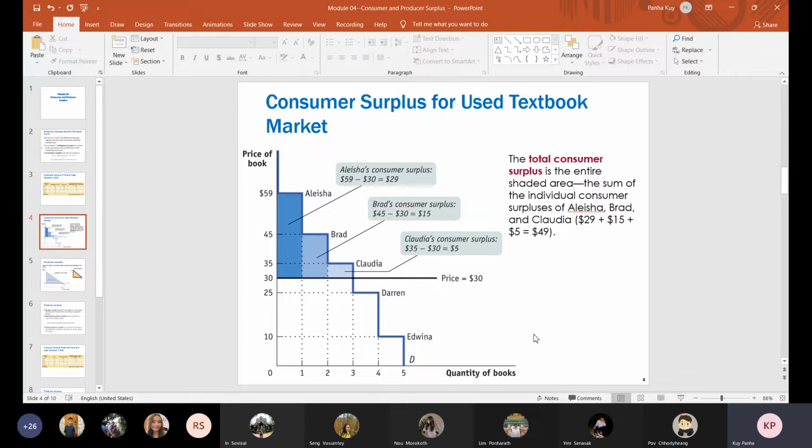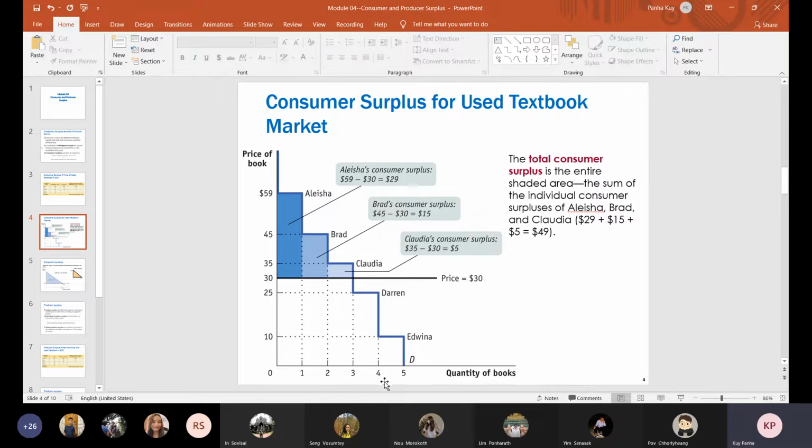You can also look at the total consumer surplus in the graph. This is 59 US dollars for Alicia, one textbook. Brad, another textbook, 45, and Claudia, 35. Darwin at 25 and Edwina at 10 cannot buy it.